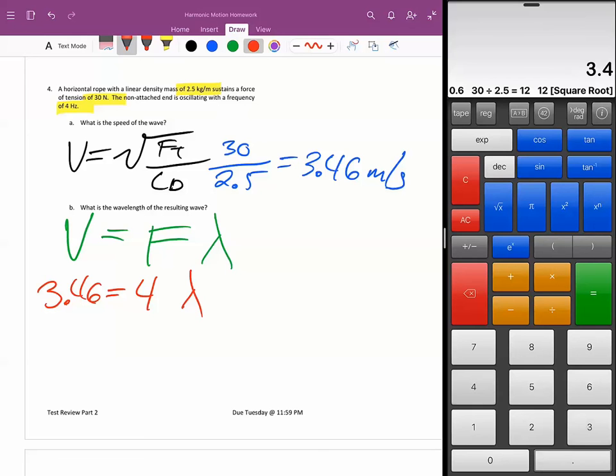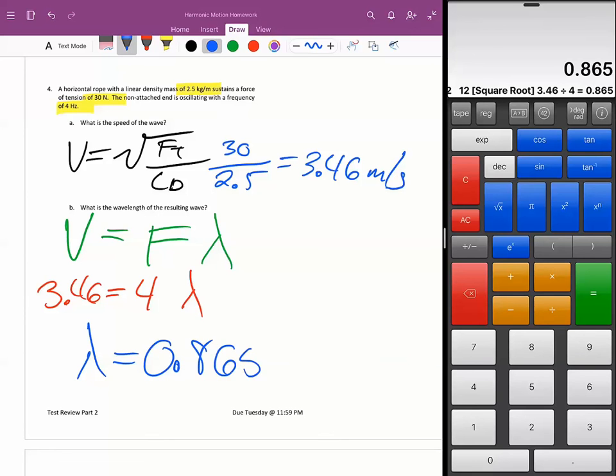Your lambda here will be 0.865 meters. Now, as I said in class, number 5 will be omitted.